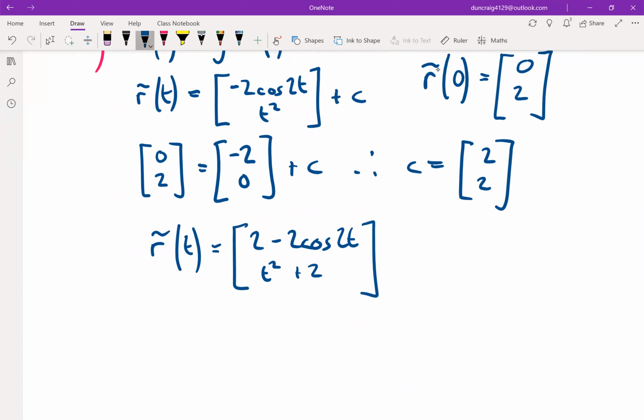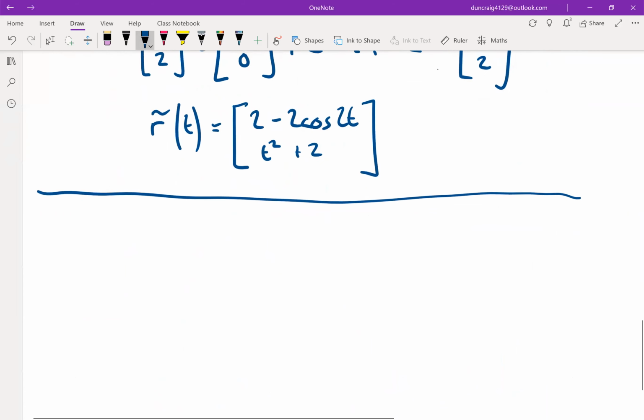Just want to show you one last thing as well. I want you to think about what the following means. This relates to integration. What happens if I said I wanted to do the integral between 2 and 0 of the velocity?